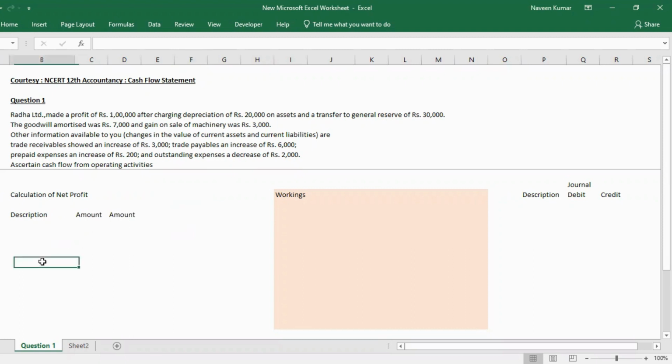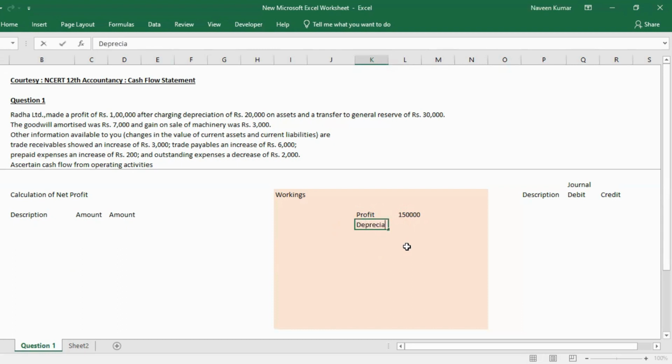Before calculating cash flow from operating activities, we have to calculate net profit from operation, because this net profit is, for example, see, this is my workings. I'll try to put all the workings here. For example, my net profit for the year is, you think, 1,50,000. This profit arrived from trading, and there are multiple operating expenses also.